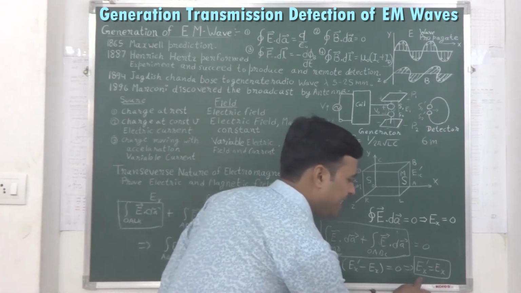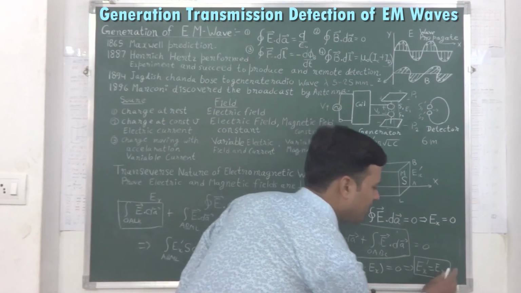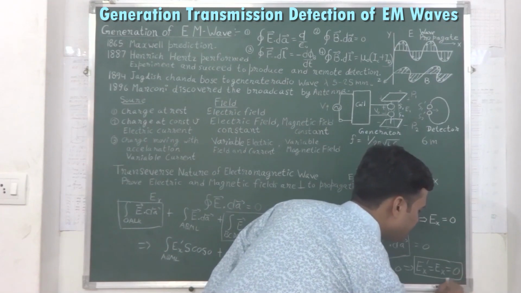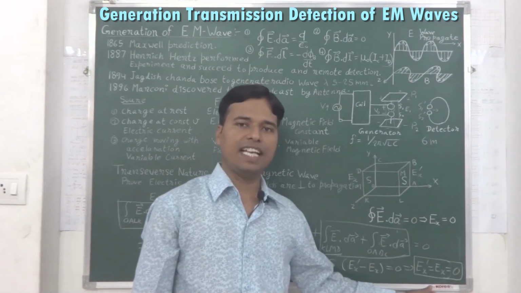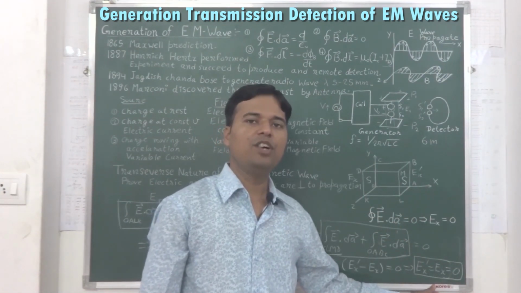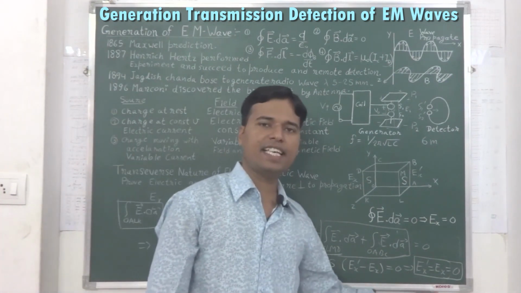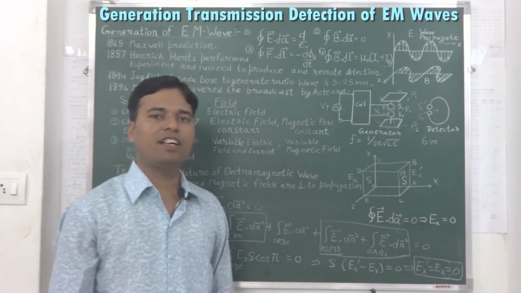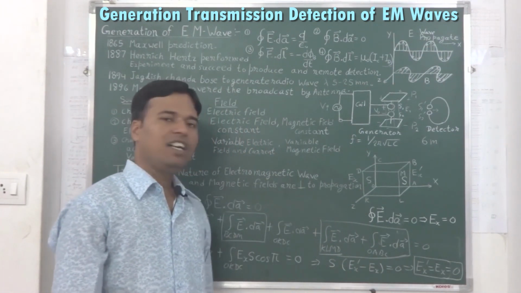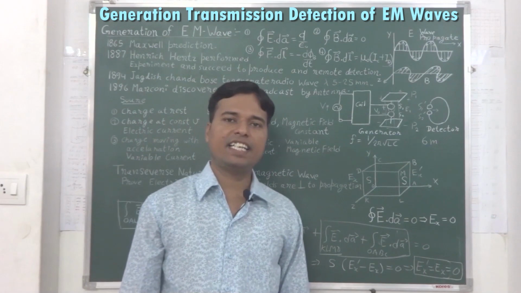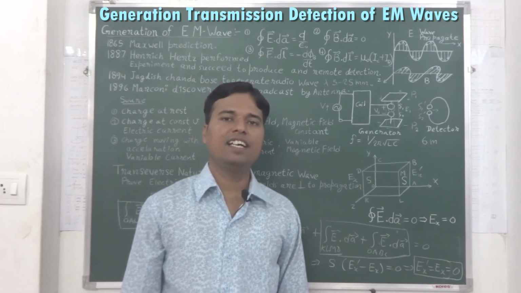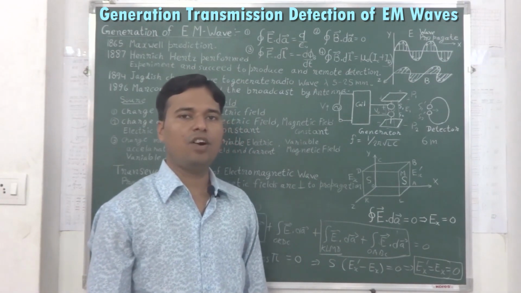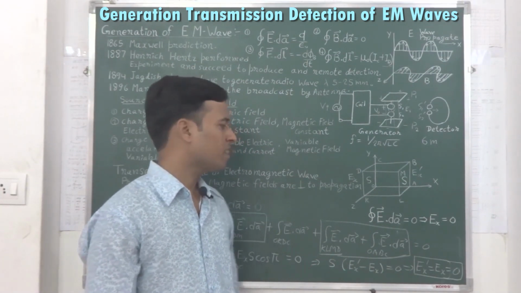Then we can write that Ex dash is equal to Ex, and it will be equal to 0. The x component of this electric field is equal to 0. Then we can say the direction of electric field is perpendicular to the x-axis. Then we can say the electric field is oscillating in perpendicular plane to the direction of wave propagation.